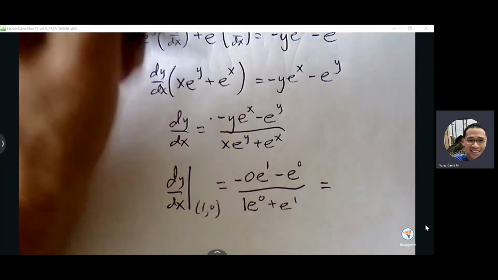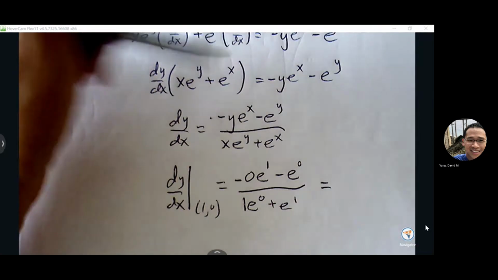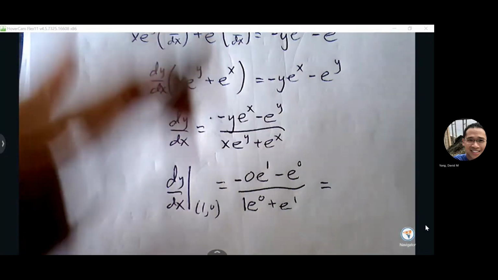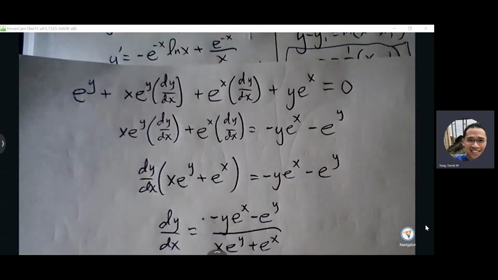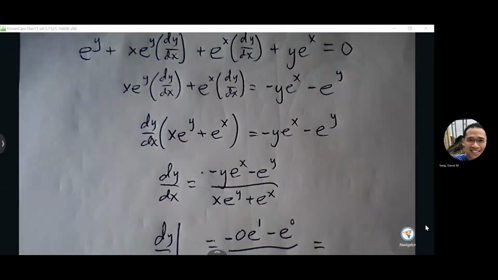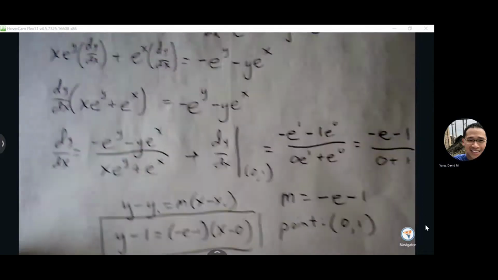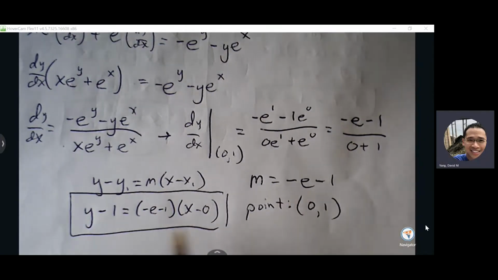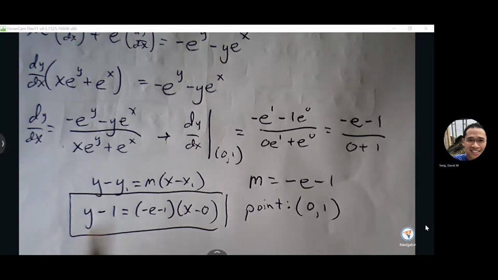Oh, sorry, 0, 1, 0, 1. Yeah, you're right. So if I plug in 0, 1, I end up with a slope of negative e minus 1. My ordered pair is 0, 1, and then my point slope form.